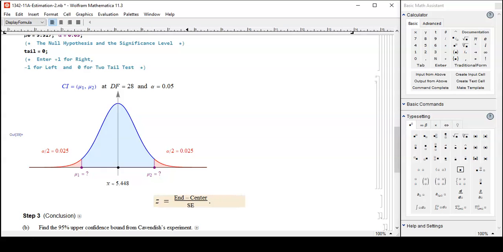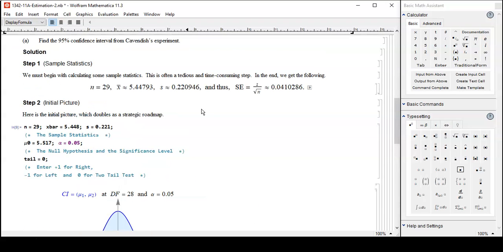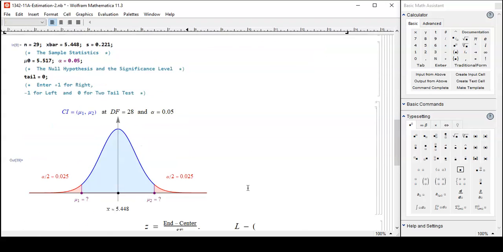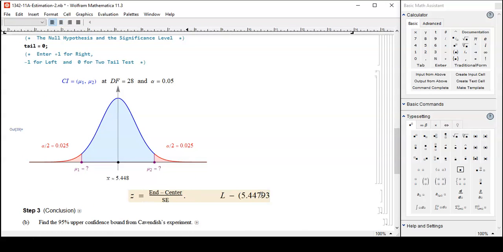Therefore, n is, let's say, the left-hand side endpoint minus the center of this, the observed mean. Or you can use 5.448 if you think 3 decimal digits is enough for you.